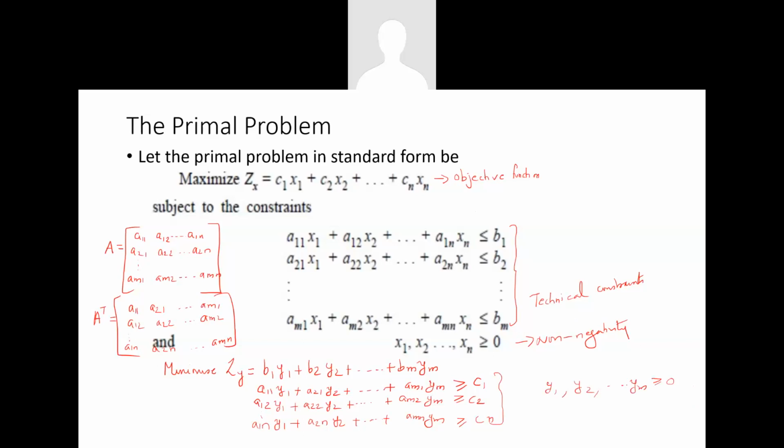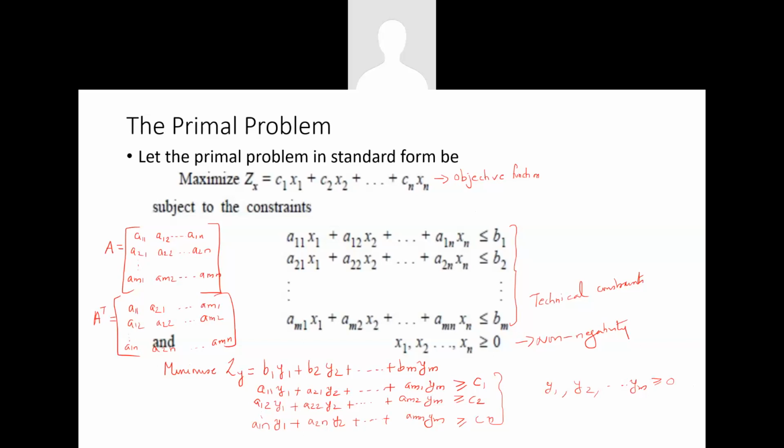So from this, what you can say is that if you have a primal problem, from that primal problem you can actually construct a dual problem. The things you have to notice here are that if the primal problem is maximized, the dual problem is minimized. In the objective function, you use constants like c1, c2 up to cn, which means that you have n number of variables.